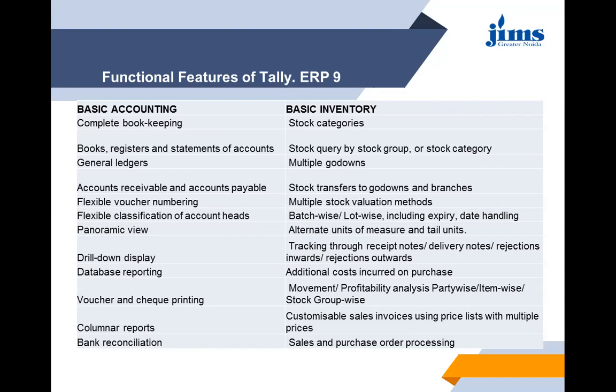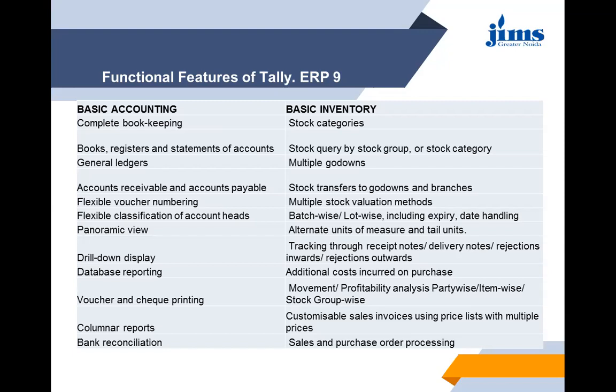Then voucher numbering: in accounting, flexible voucher numbering, where we maintain a record of voucher numbers, and in inventory, multiple stock valuation methods for how inventory is valued. Then in accounting, flexible classification of account heads is done, and in inventory, batch-wise, lot-wise data including expiry is handled, and all this information is stored in inventory.